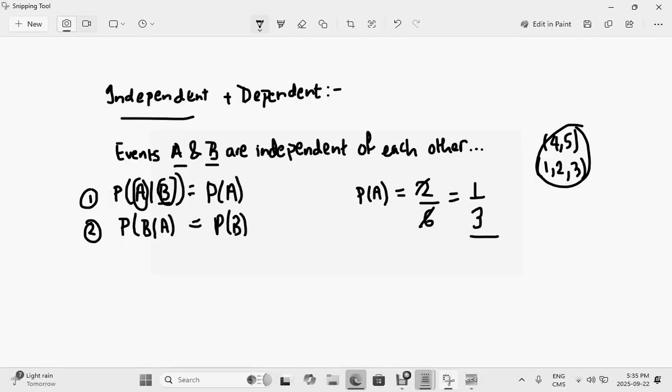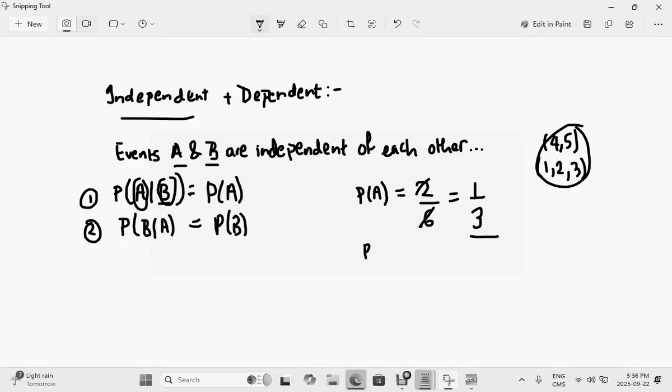All right, and this basically means that for these two events to be independent, where A has to happen before B can happen, P(B|A) should be equal to P(B).